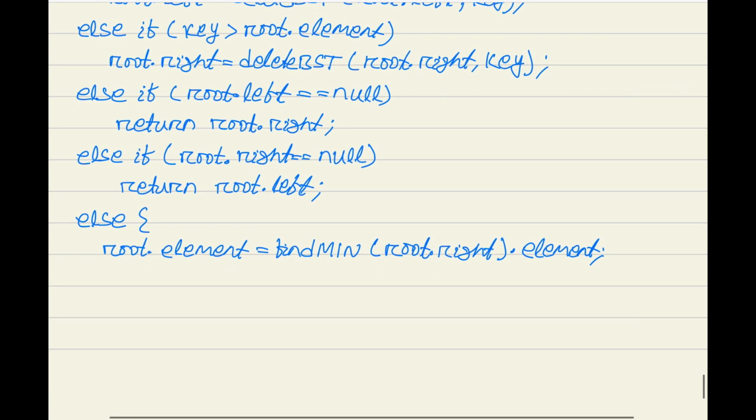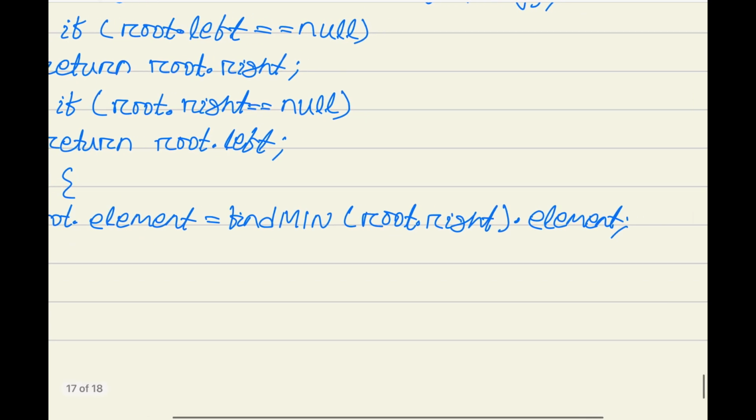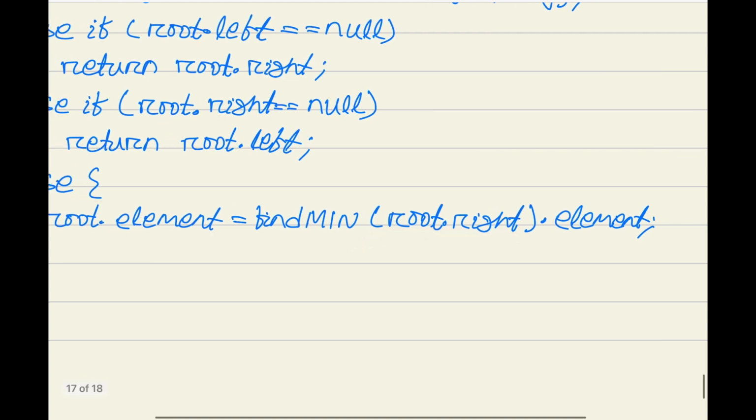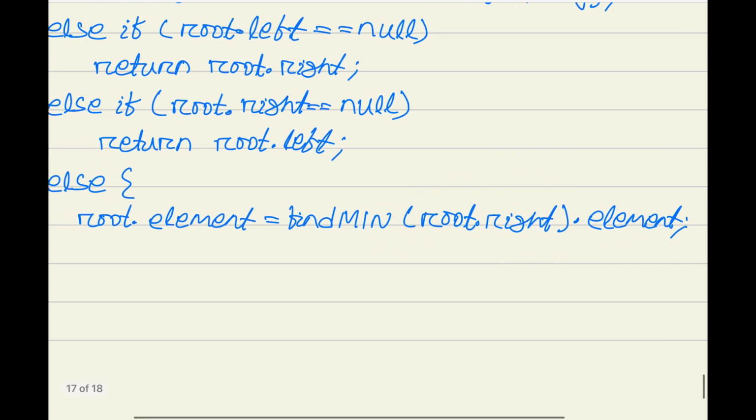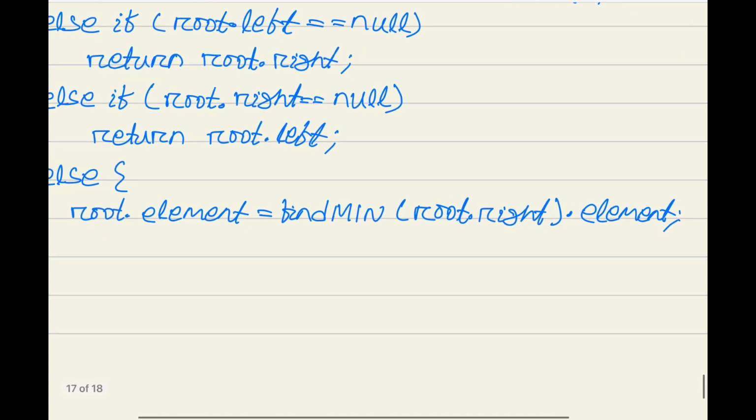That means if the root has both children, we want to find the minimum from the right subtree, and that minimum value from the right subtree is copied to the root value. So that thing we are writing: root dot element equal to find min root dot right dot element.